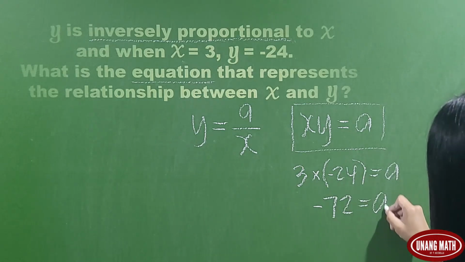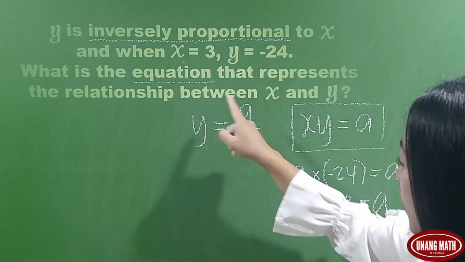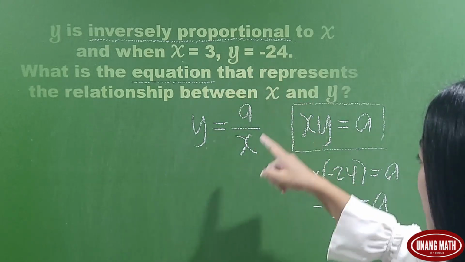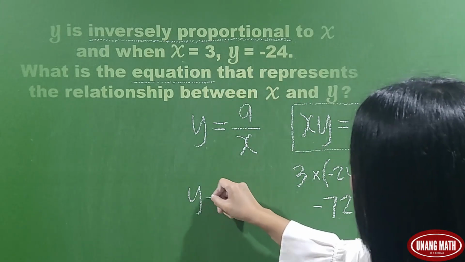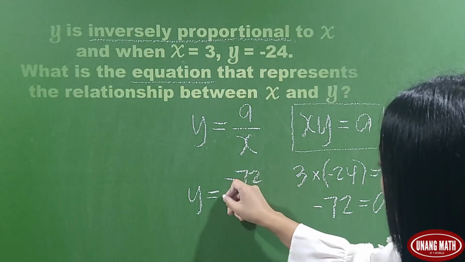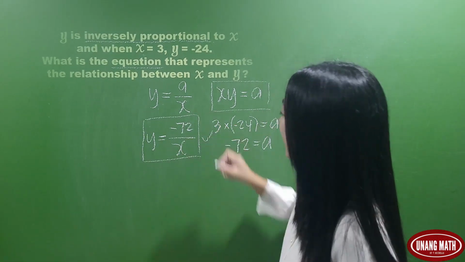So a is negative 72. So what will be our equation for the relationship between x and y? That would be y is equal to negative 72 over x. So this is now our equation.